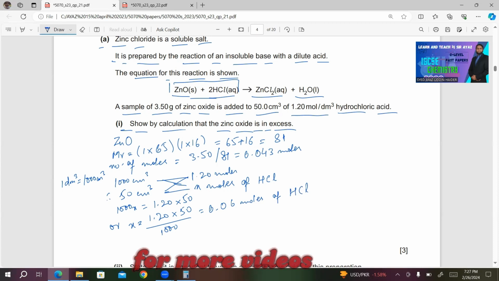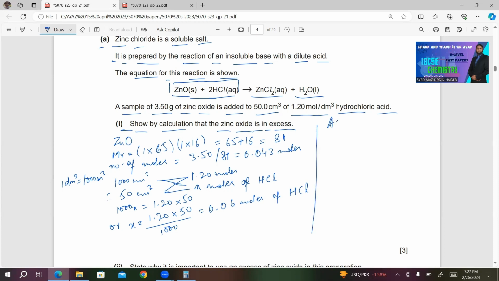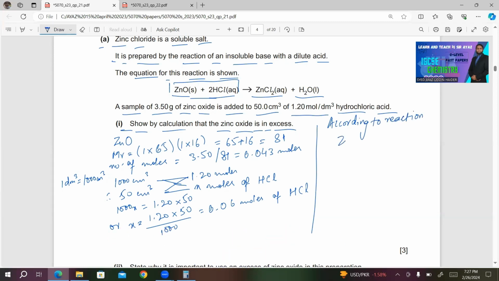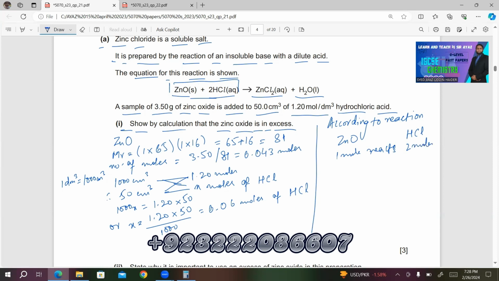Now we can easily compare these moles according to the reaction equation. According to the reaction, here we have ZnO and we have HCl. 1 mole reacts with 2 moles of HCl.